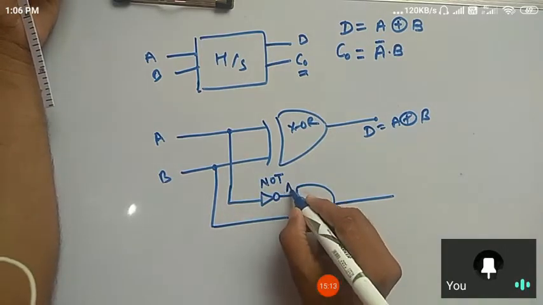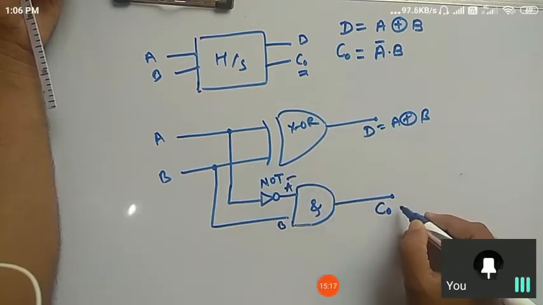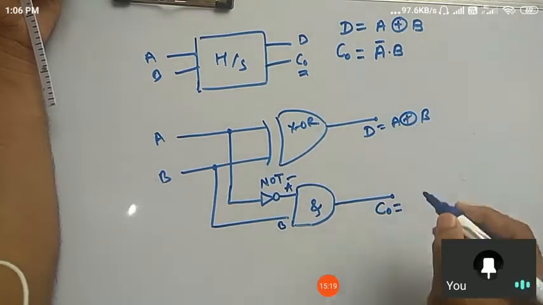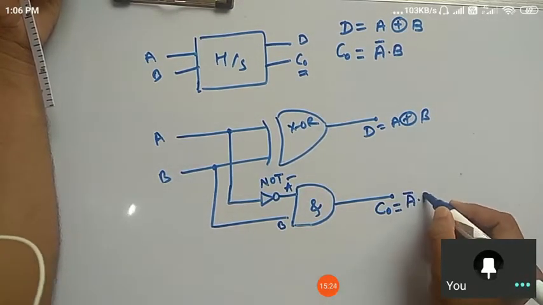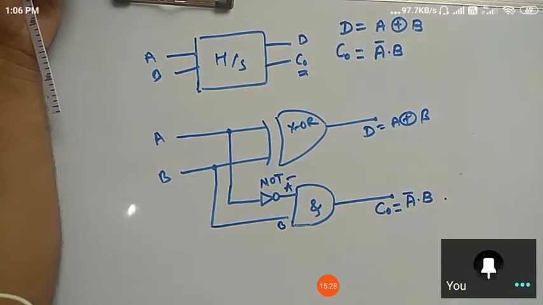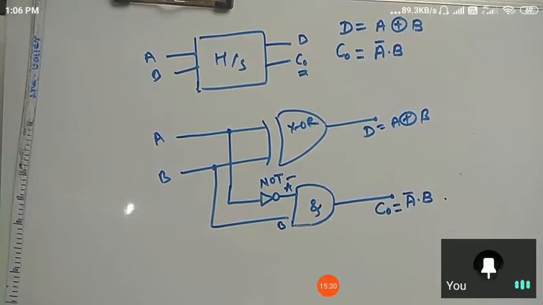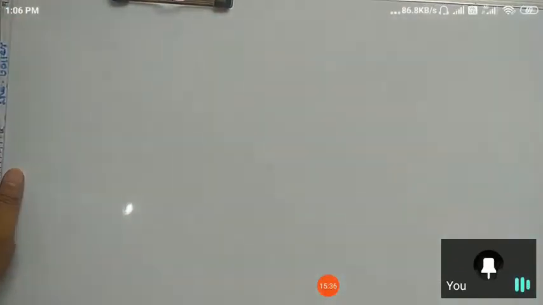So you will get A bar here, and this one is B. So here you will get the borrow, or carry out. For simplification purposes we have noted it as A bar dot B. Is there any problem up till here? I don't think so. Yes, this one is very simple. So this is the completion of your half subtractor.